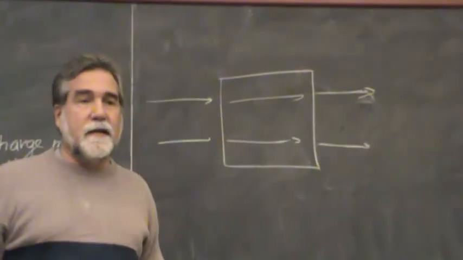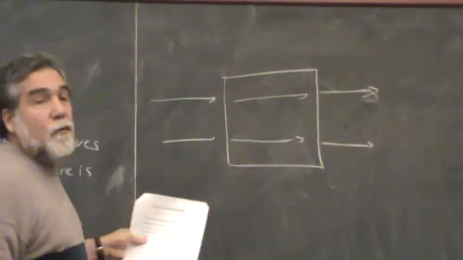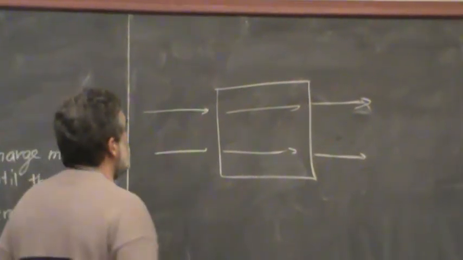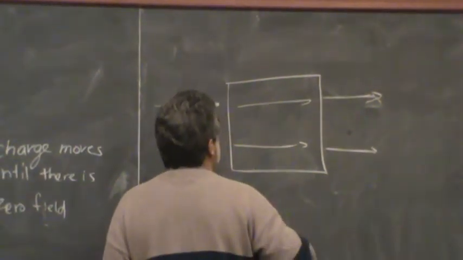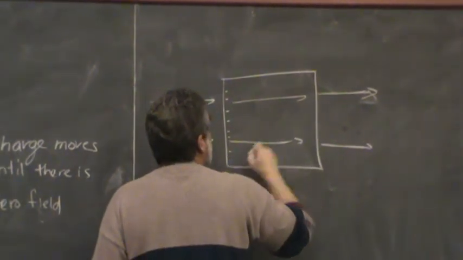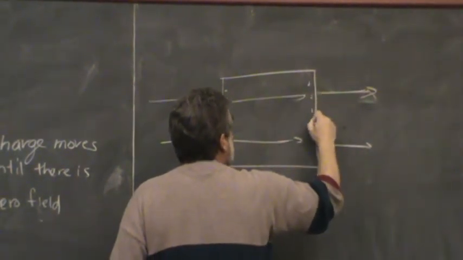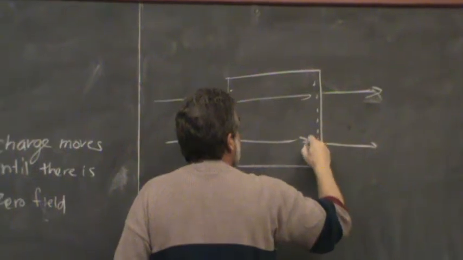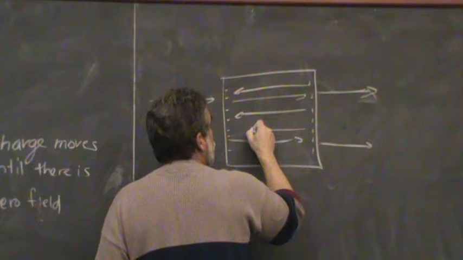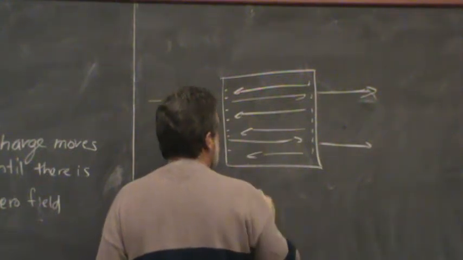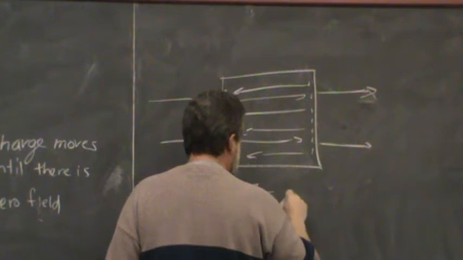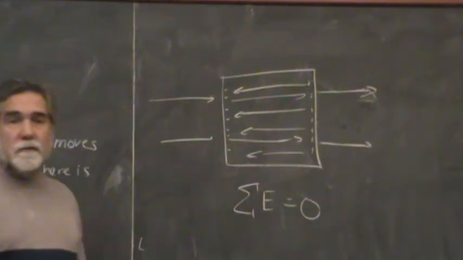It's in there, okay? Then the mobile charge in the conductor is going to move so that I put a net negative charge on this side and a net positive charge on this side. And that net positive to negative charge is going to introduce an internal field in the material, which is going to make the sum of the external and the internal field equal to 0.